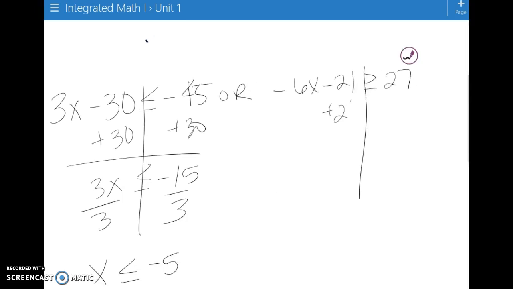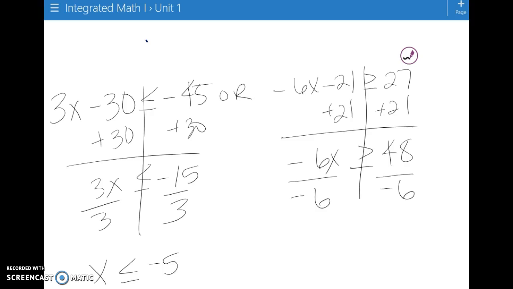Then we'll come to this side and solve it. Negative 6x is greater than or equal to 48. Then we'll go ahead and divide on both sides by negative 6. Since I'm dividing by a negative, my sign has to flip. And I get x is less than or equal to negative 8.